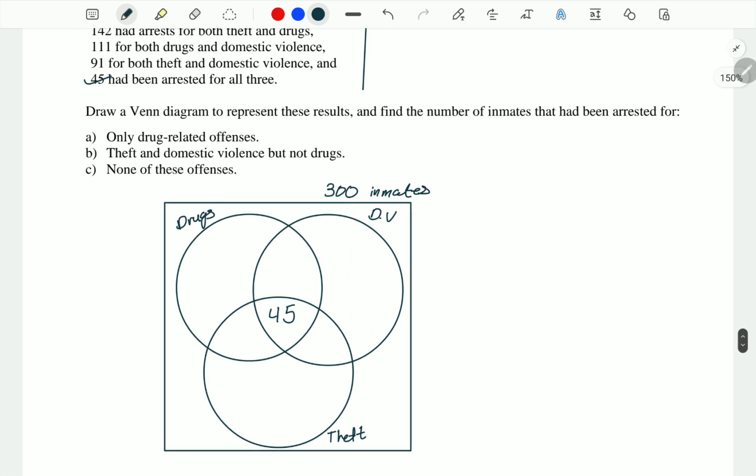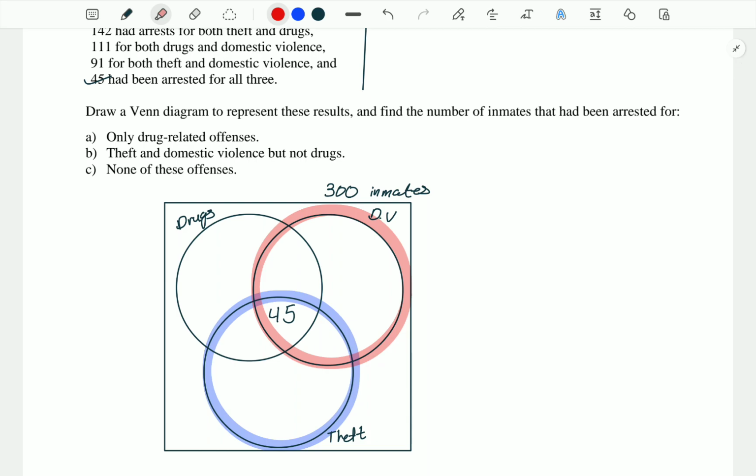Then it says 91 have been arrested for both theft and domestic violence. So let's put on the highlighter real quick. This circle right here is theft. This circle right here is domestic violence. It says both theft and domestic violence.